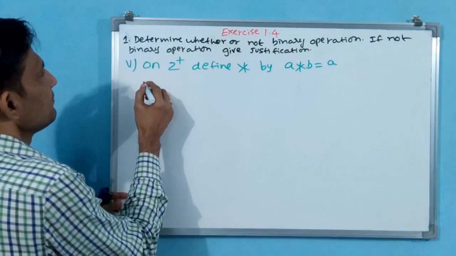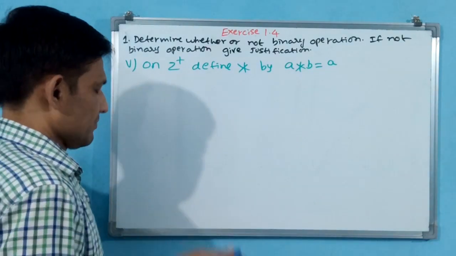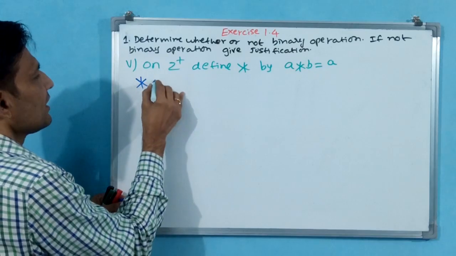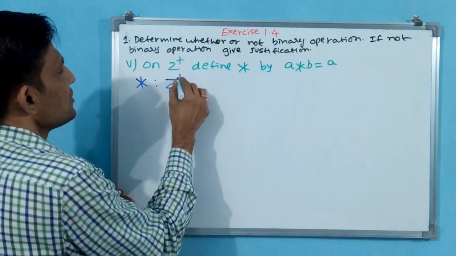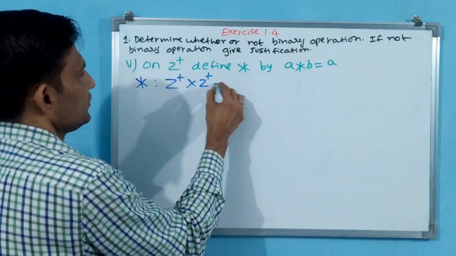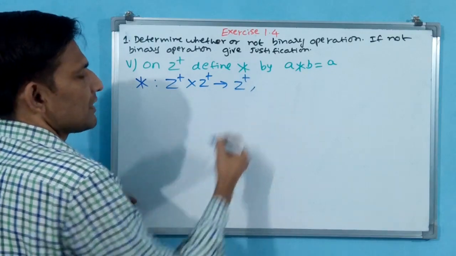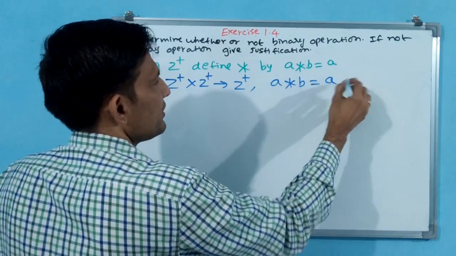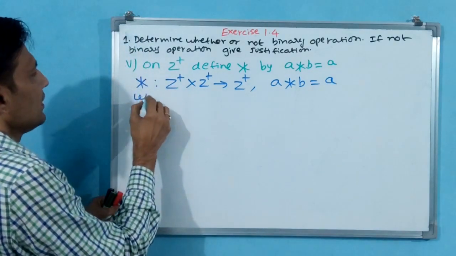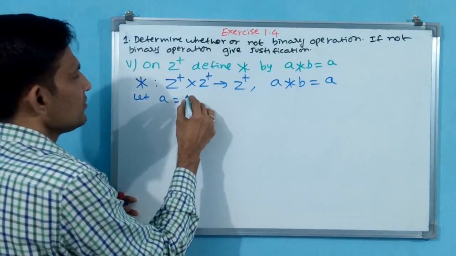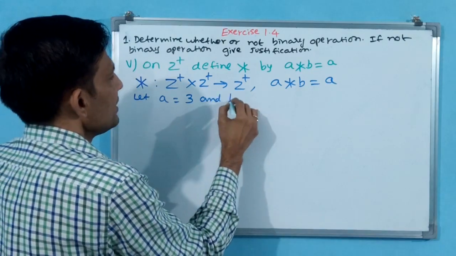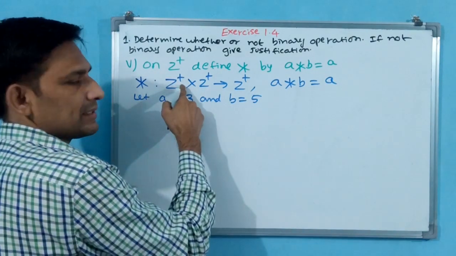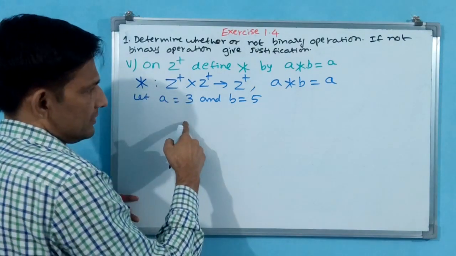Okay, let us see how I am writing. Binary star colon Z plus cross Z plus to Z plus, comma, A star B is equal to A. Let A is equal to 3 and B is equal to 5. Why? Because both positive you have to take. Non-negative integers.